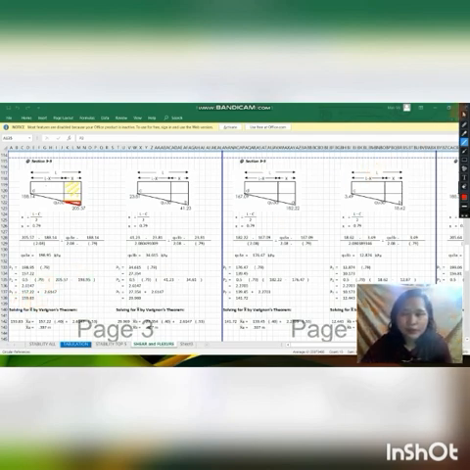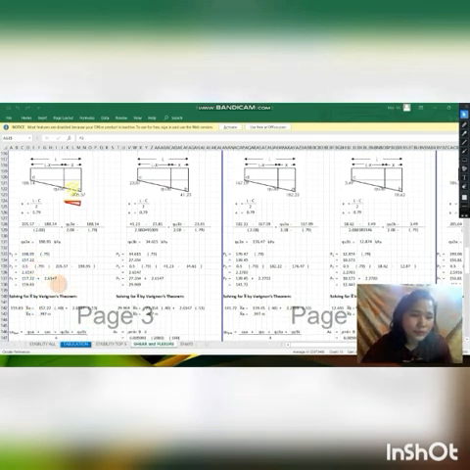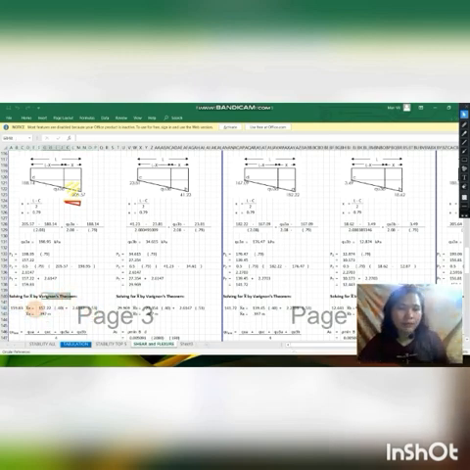And for our X bar A, we will be having the formula here, and it is called Varignon's theorem, which is P total times X bar A is equal to area 1 times its X, or centroid, plus area 2 times its centroid also.